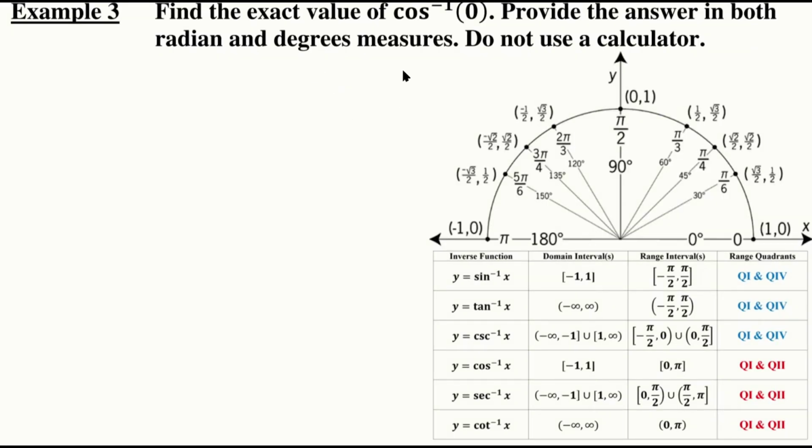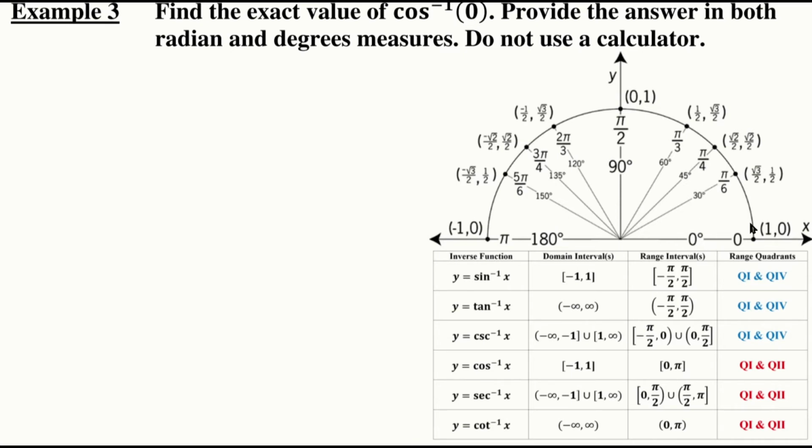Okay, so for this example, we're going to find the inverse cosine of 0, and we want to find it in both radian and degree forms. And notice that for inverse cosine here, we're going to be looking for some angle between 0 and pi, as depicted here, whose cosine is 0.